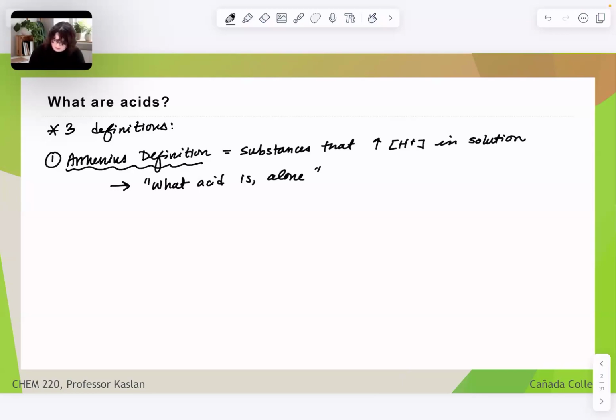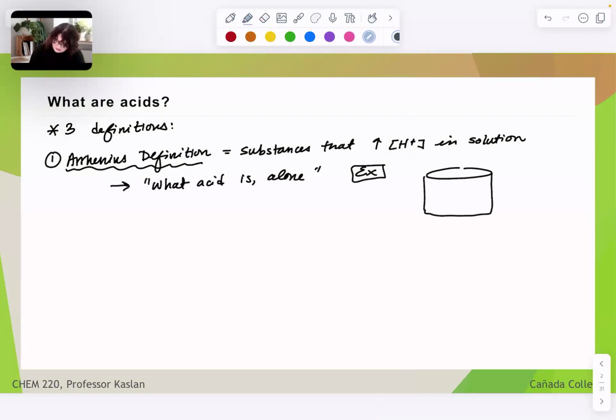So if I were to think about perhaps a little beaker here, if I were to take some substance, let's call it HA for general acid, and I were to dissolve it in solution, then according to the Arrhenius definition, I would have H plus ions in solution, which would make this substance HA an Arrhenius acid.